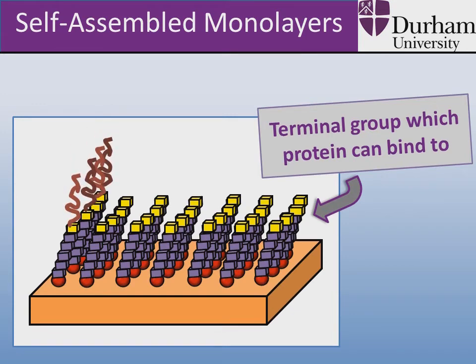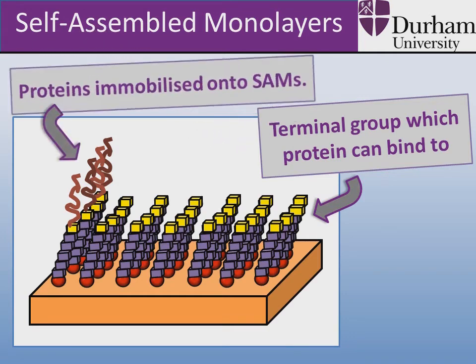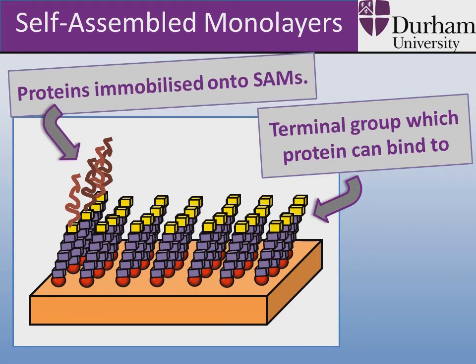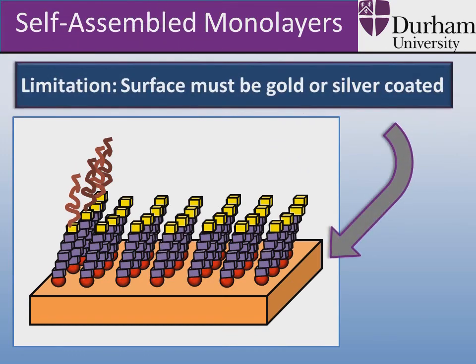Self-assembled monolayers provide an additional high degree of control over the density and the conformation taken on by the chemisorbed molecule, and hence the proteins also. However, the surface which the molecules chemisorb onto must be gold or silver coated, so it is unsure how popular this technique will be due to this limitation.